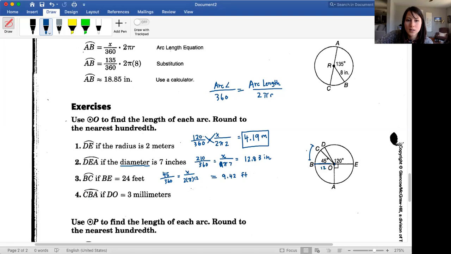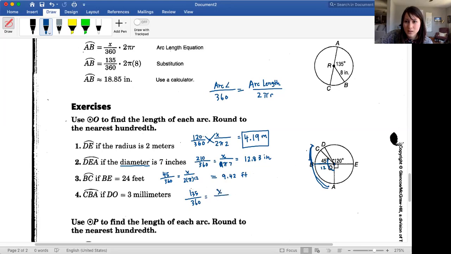Final one, CBA, looking for CBA, so this whole part. That means we need to make sure we have the right arc angle, and this whole arc angle would be 90 plus 45. So 90 plus 45 is 135 as the angle. And then it's x over 2 pi r.